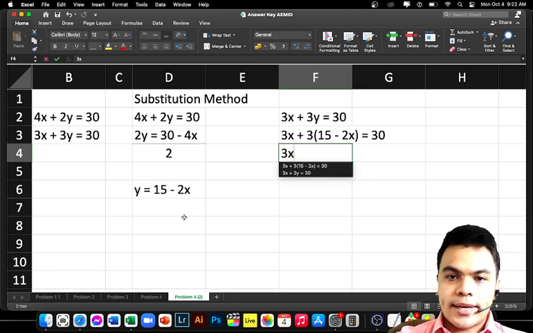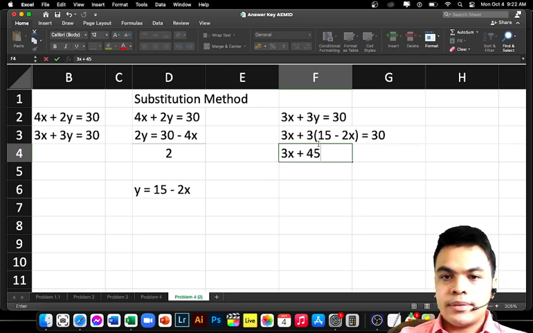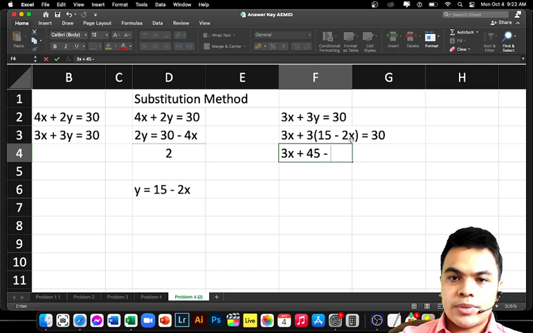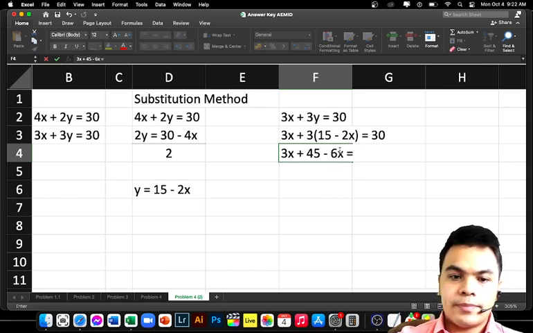Alright, so we have 3x plus 3 times 15. That is 15, 30, 45 minus 3 times 2. That is 6x is equal to 30.